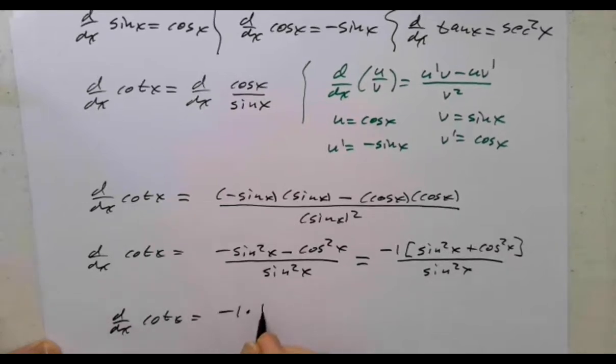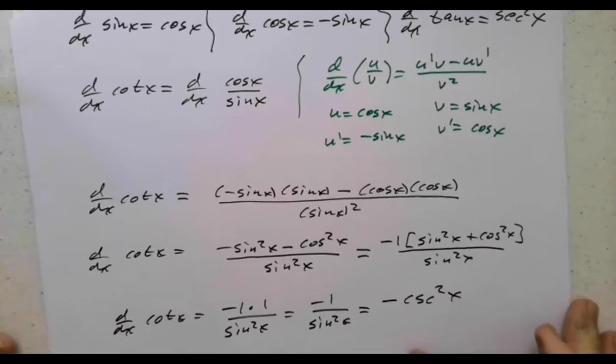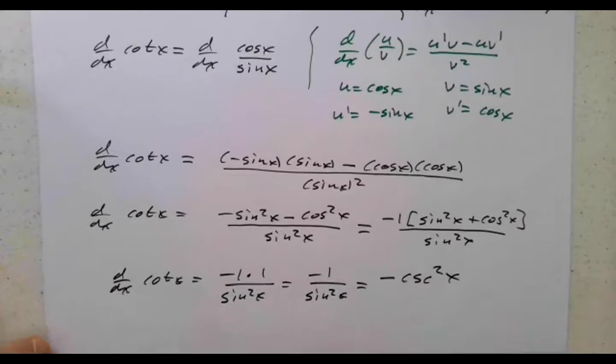So I get negative 1 times 1 over sine squared x, which is negative 1 over sine squared x, which is negative cosecant squared x. So that's one more fact to add to our list. The derivative of cotangent is negative cosecant squared x.